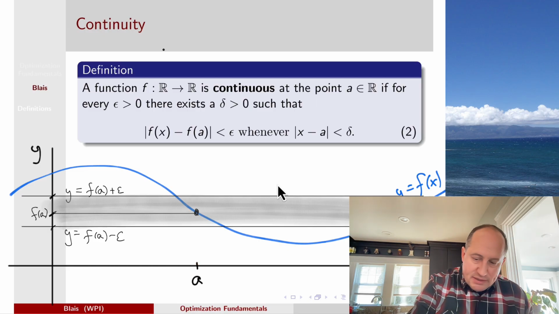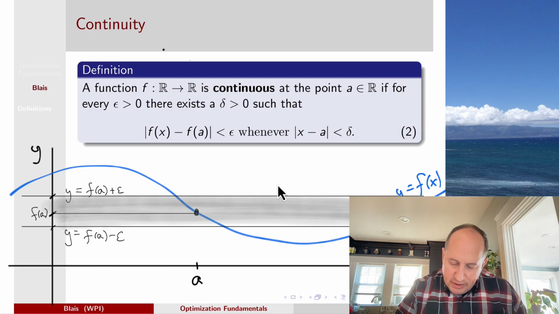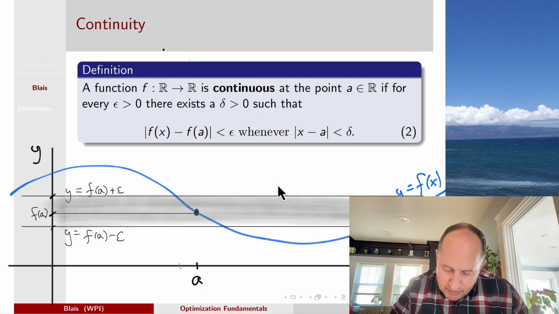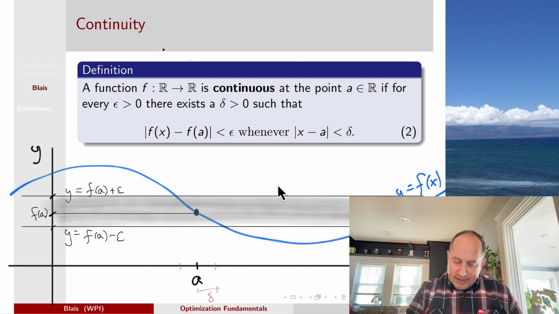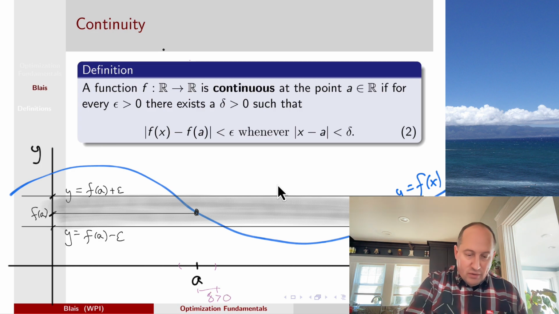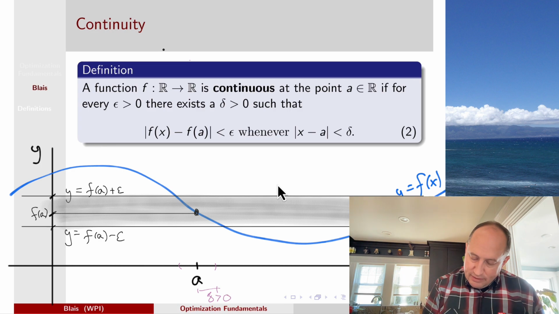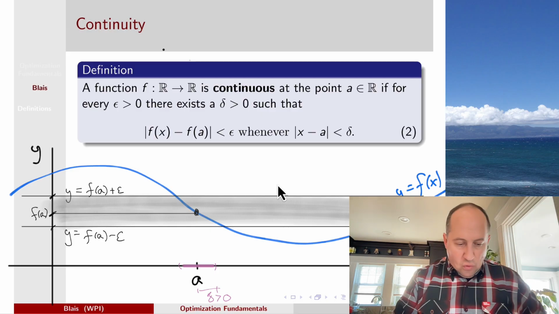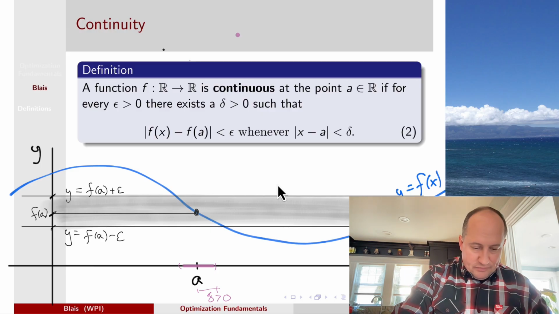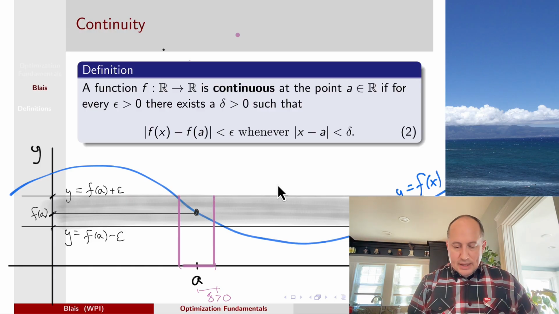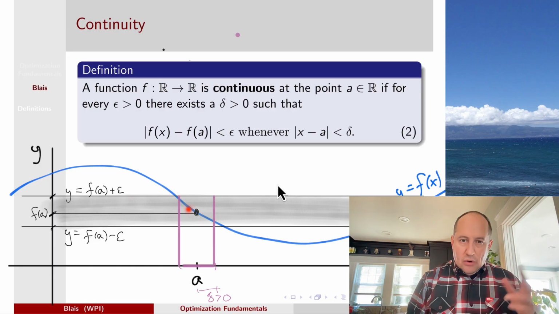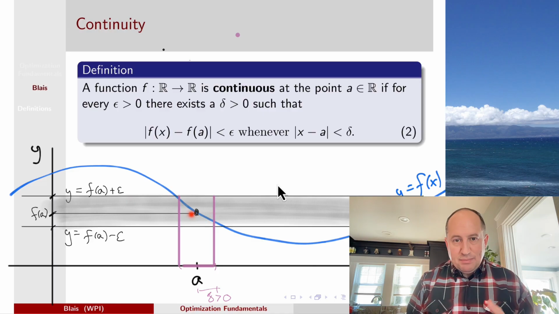And what we see is, we'll do it in lavender, if we were to pick this interval, this interval is going to have radius delta. So that's our delta greater than 0. And if we pick values for x inside that interval, let's put up our vertical band now, then we will get our curve inside this box.